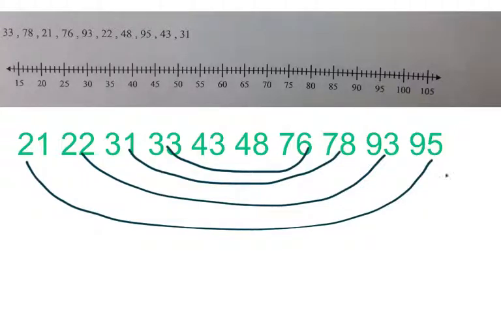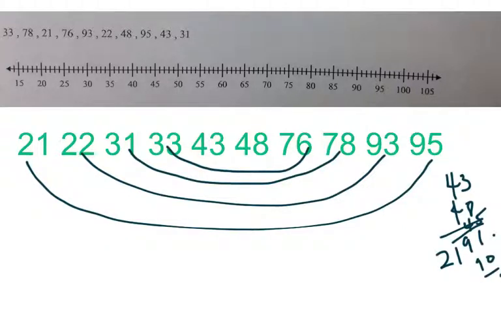So I would come to the side, 43 plus 48 gives me 91. Okay, when I divide that by 2, because there were 2 numbers, I'm going to get 45 and a half. Okay, so 45 and a half lies right here between those 2 numbers.